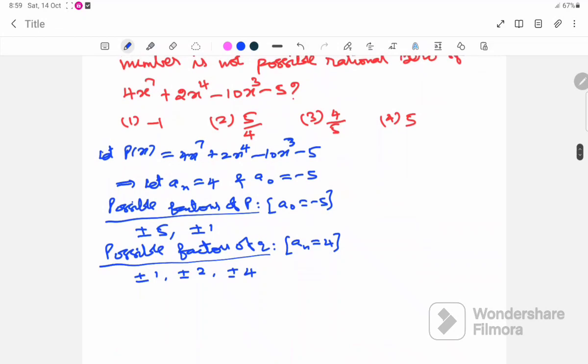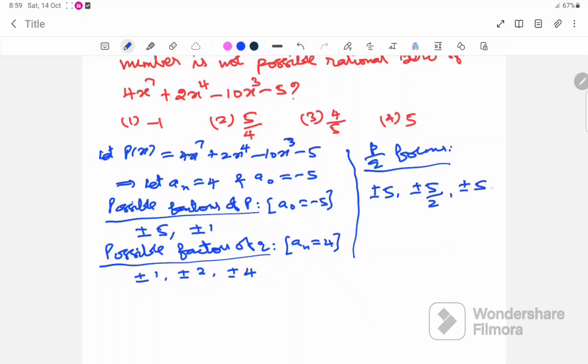Now next, we can consider the p by q forms. See here, plus or minus 5 by 1, so plus or minus 5 only will come. Plus or minus 5 by 2. Plus or minus 5 by 4. Plus or minus 1 by 1, plus or minus 1.